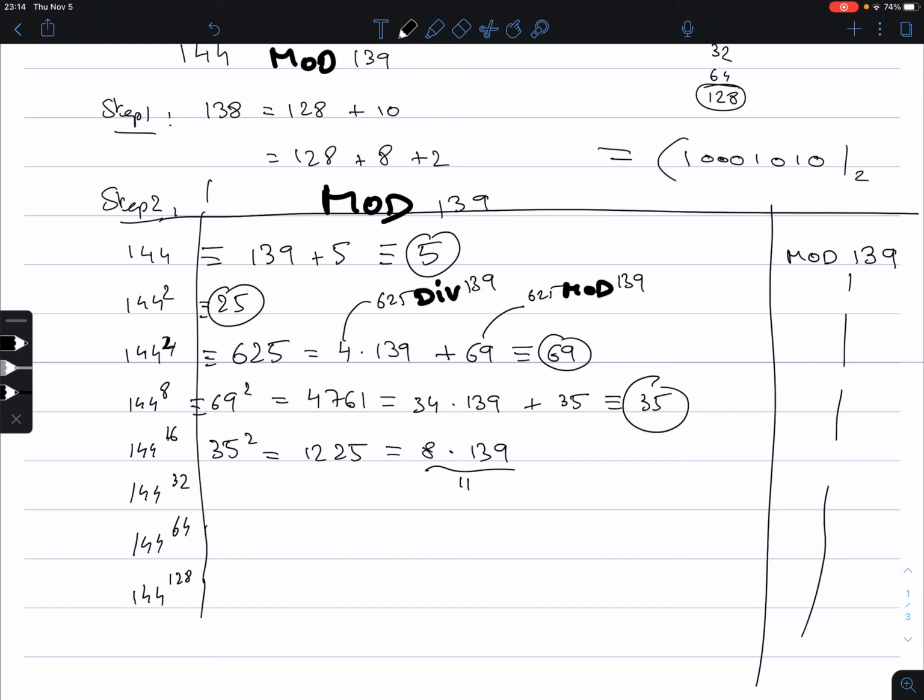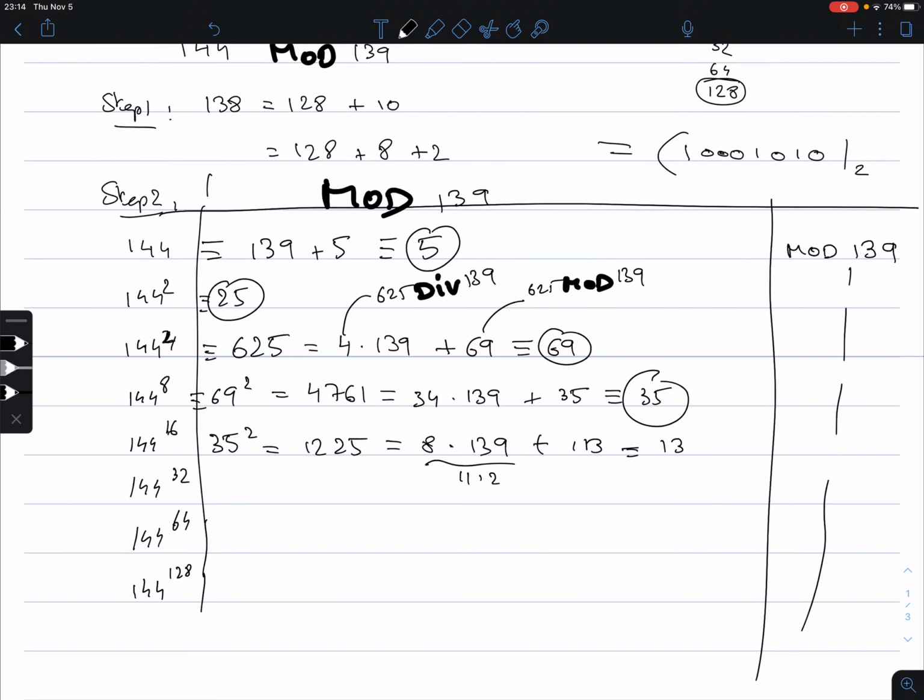So what is missing is 113. Is that okay? Yes, it's smaller. As long as it's smaller than 139, it's fine. So 113 is the remainder mod 139.